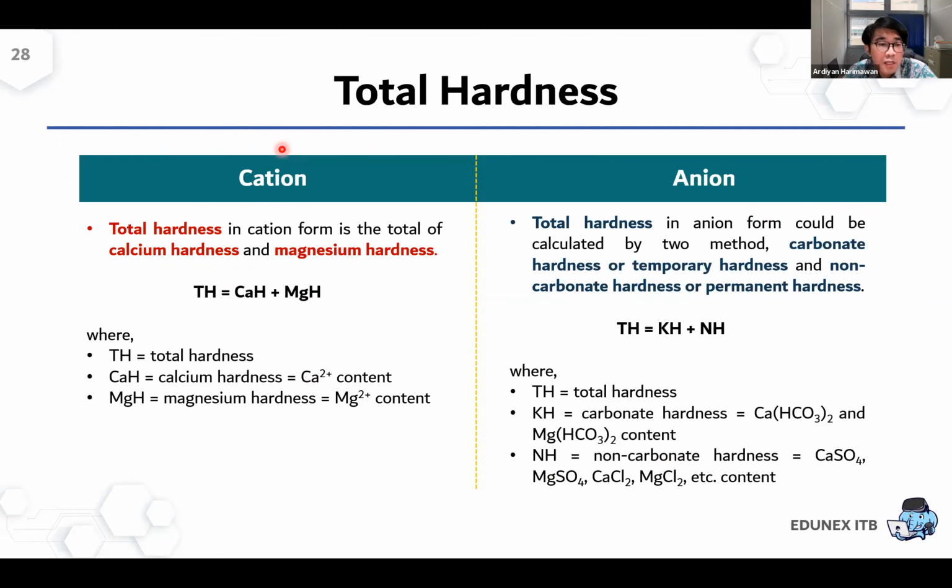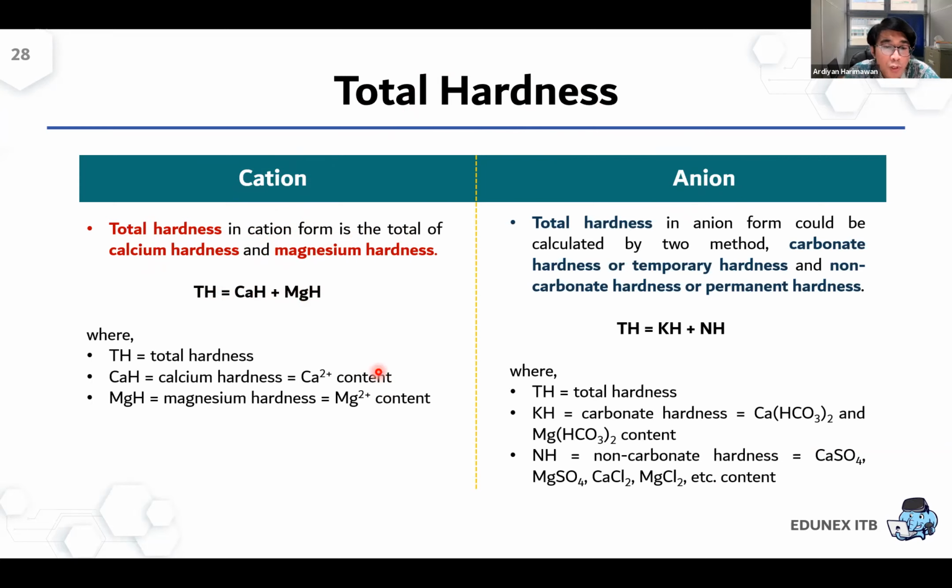The calculation of hardness is done by calculating the total hardness. Total hardness can be calculated from the cation side or from the anion side. Total hardness in cation form is the total of calcium and magnesium, so it quantifies both cations.